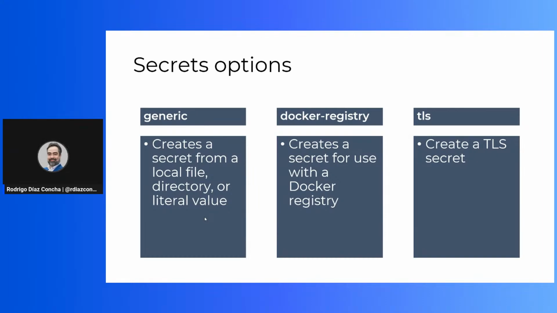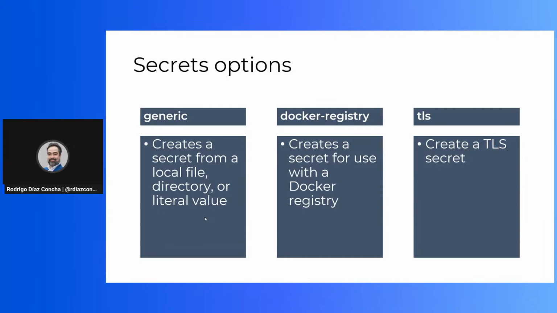So let's say that you want to specify your own literal values, then you should use generic. Or maybe you want to use the same technique that I used with that environment variable file, right? Like my secrets.env that I used, then you should use generic.